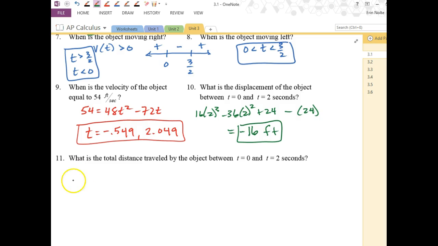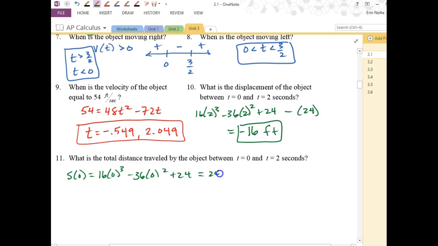The first part is the starting spot. Where do I start? 0. So I'm going to start with my s of 0 and plug that into my distance. So 16 times 0 cubed minus 36 times 0 squared plus 24. What do you get for this value? 24.